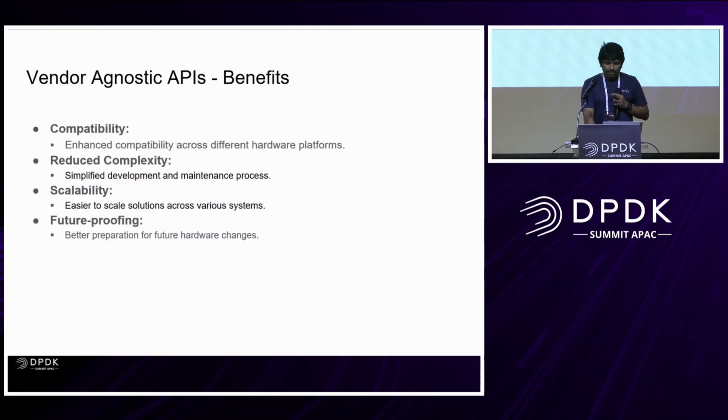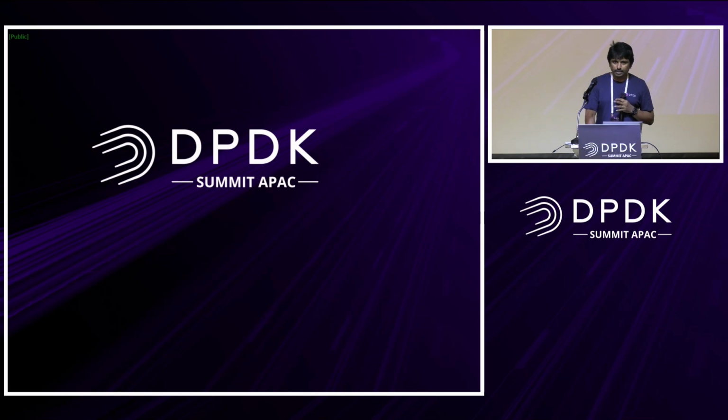With that, what it brings is compatibility by moving away from vendor locking. It becomes easier for applications to develop power management solutions, with reduced complexity, and we can scale across different vendors without having to make many adaptations for a specific platform. So with that, I conclude my presentation.